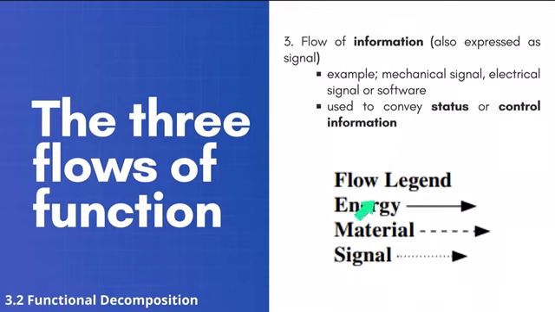The flow of information or signal can be represented by a dotted line here. So the flows of function are three: energy represented by a straight line, flow of material represented by a dashed line, and flow of signal or information represented by a dotted line.